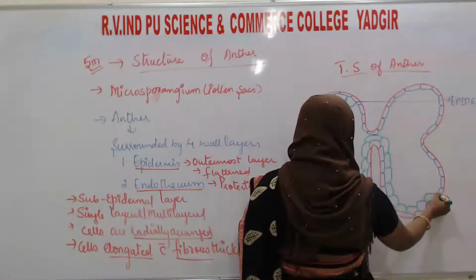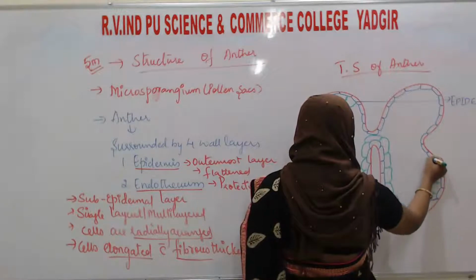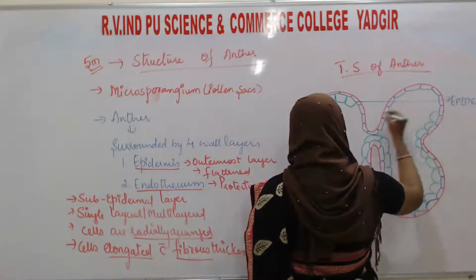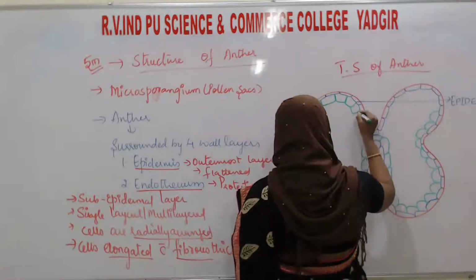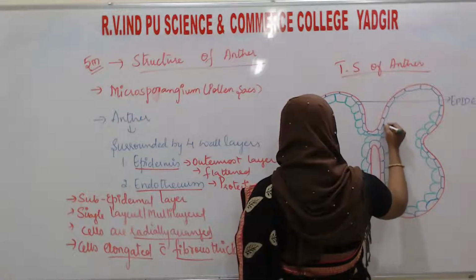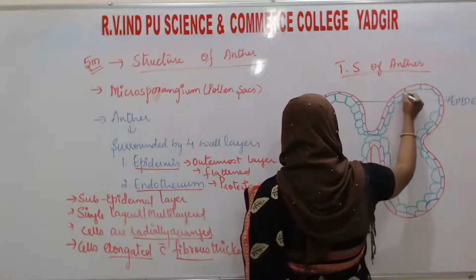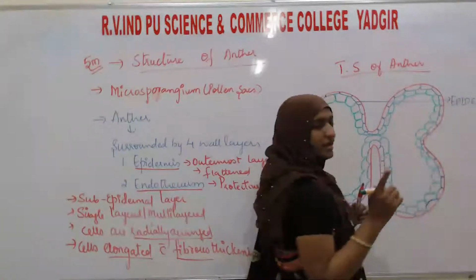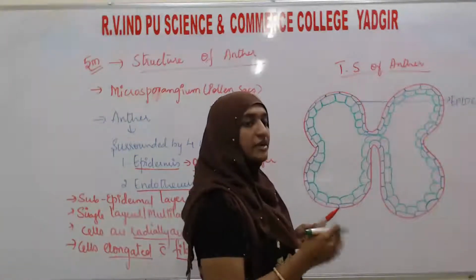Here the cells are radially arranged in each microsporangium, that means the pollen sac. In some of the anthers it will be one layer, and in some it will vary.